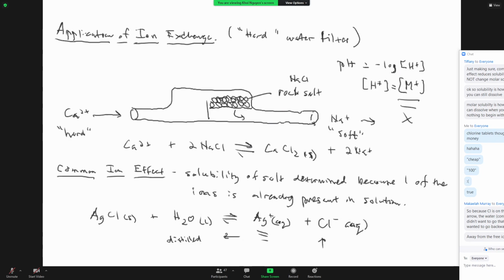Since it's on the right-hand side of the reaction, it's going to drive it back to the left-hand side, so that it makes it less soluble if that chloride ion's already in solution, solution being water.